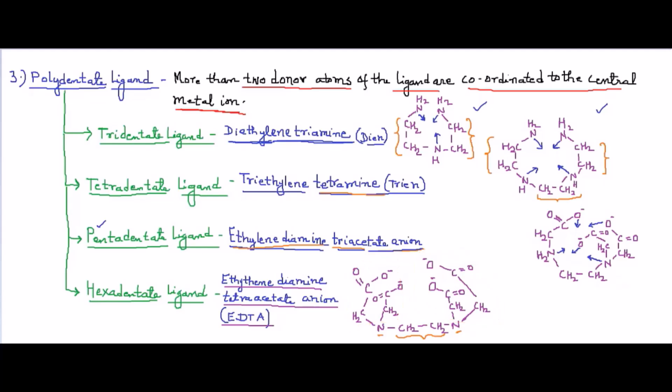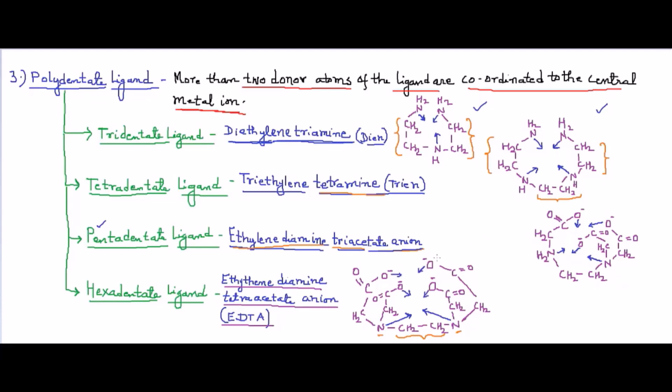Okay. Now if you look closely, how many donor atoms can we identify? We have 2 amino groups, so obviously the 2 nitrogen atoms of the 2 amino groups will act as 2 donor atoms. And as in the pentadentate ligand, which also contains the acetate ion, the negatively charged oxygen of the acetate segment will also be a donor atom.